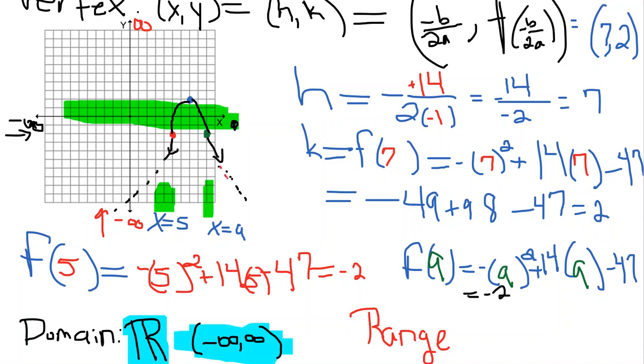That means it's continuously going down, so it's going to get all the negative values. Then we follow this up until we see this point right here where it's closed, where y is 2. So we stop there. My range goes from negative infinity to positive 2.